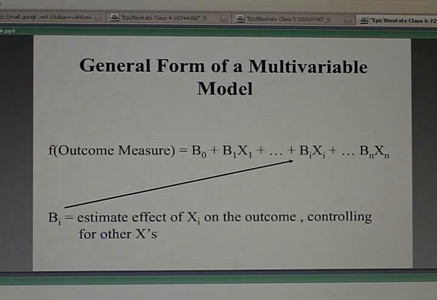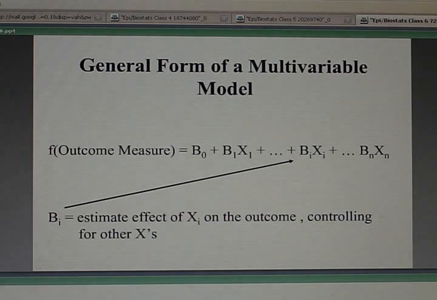But what determines the different types of regression models is what's on the left-hand side, the outcome you're trying to predict. Your outcome might be binary, as in the previous example, where we're trying to predict whether a person dies or not in our hospital. Or it might be ordinal, we're trying to predict the stage of a cancer. Or it might be continuous if we're trying to predict the length of stay, the average length of stay of people.